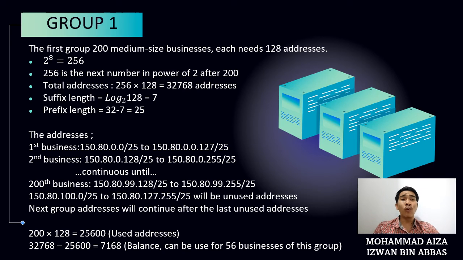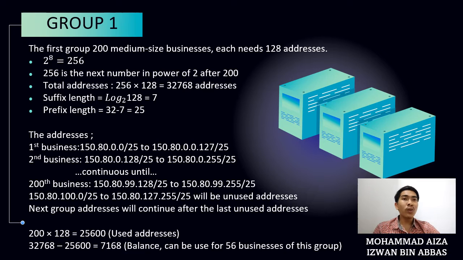For group 1, the first group, 200 medium-sized businesses each need 128 addresses. How do we calculate? We take 2 to the power of 8 and we get 256. Why? This is because 256 is the next power of 2 after 200.